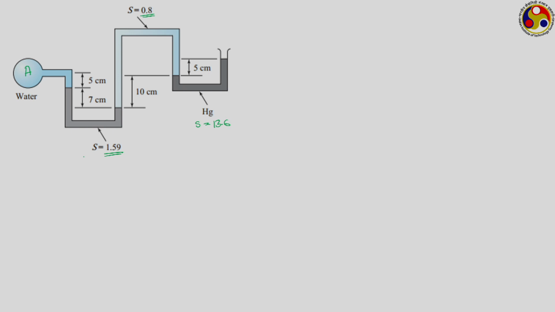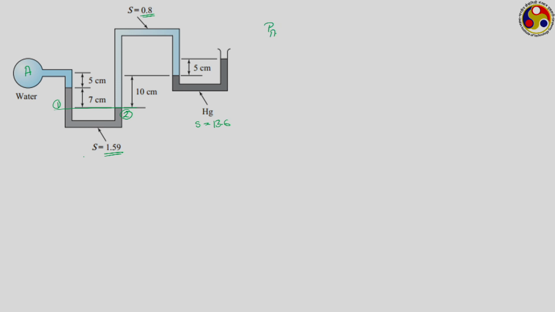For the first manometer, we can take this as the level. So, let us say this is point 1, this is our point 2, and the pressure at this particular plane between points 1 and 2 has to be equal. So, at point 1 how much is your pressure?